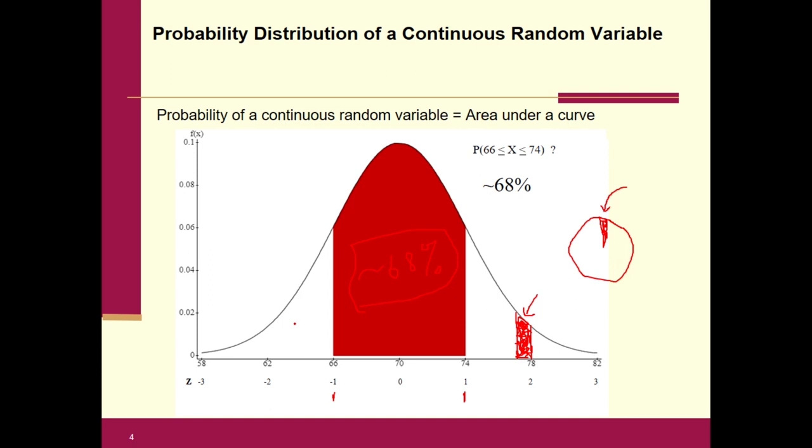Or let's say that I wanted to shade in from 62 to 78. So not only would I have that middle shaded in, I would also have everything else in white in between shaded in. So pretend I shaded in all of that, along with the stuff in the middle.